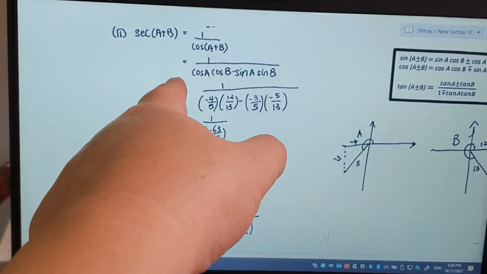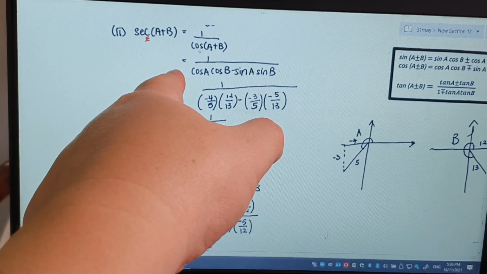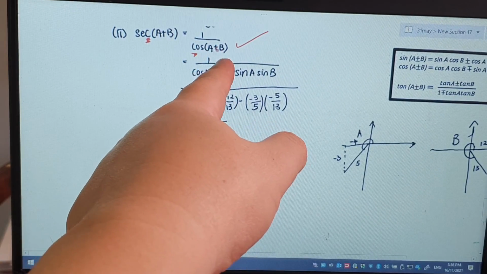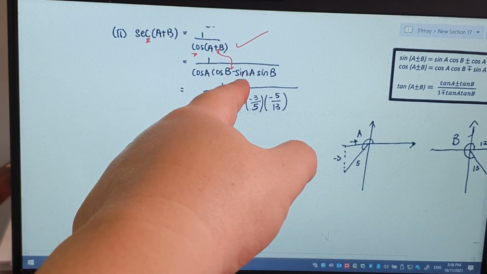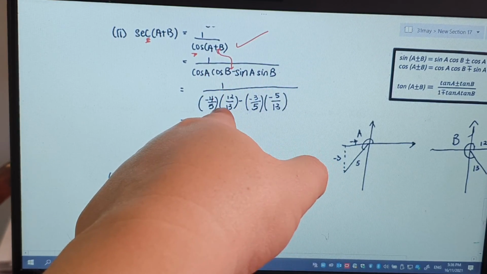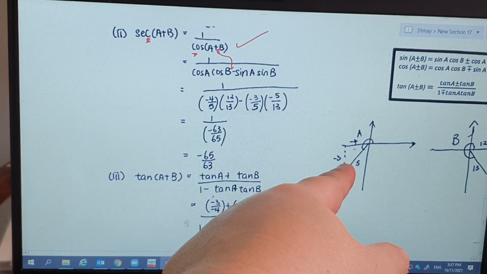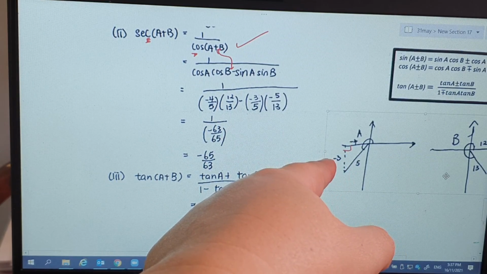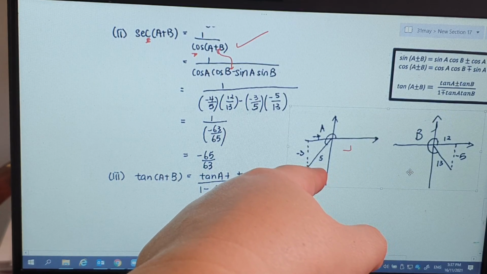This one I already mentioned. Those who still don't know, please learn now. There, cos A is cos, then change sign, minus sin. Then you fill in the blanks. How to fill in the blanks from here? From here, this is a right angle triangle.